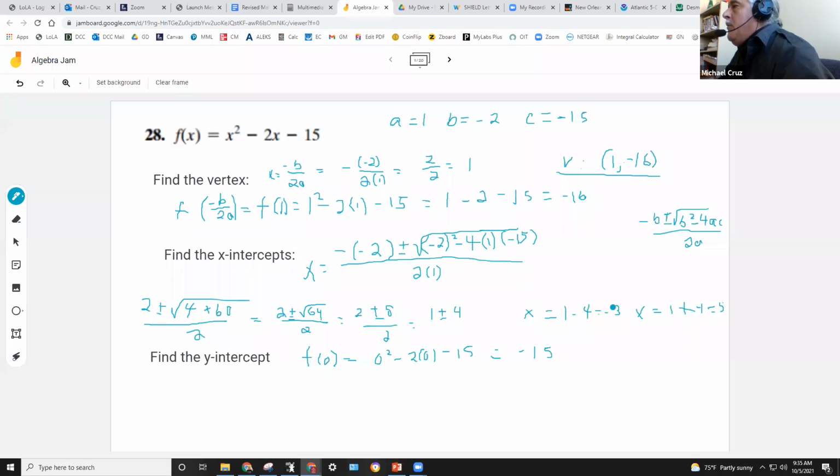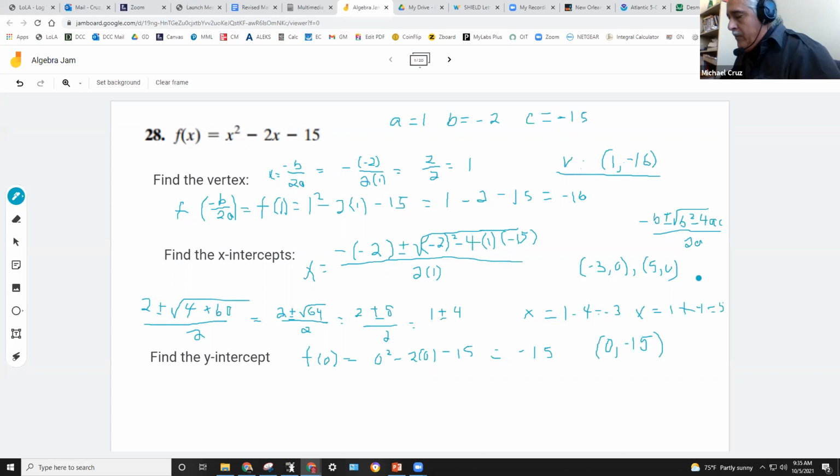So let me just put up here the x-intercepts were negative 3, comma 0, and 5, comma 0. And then the y-intercept is the opposite. It's 0, negative 15.